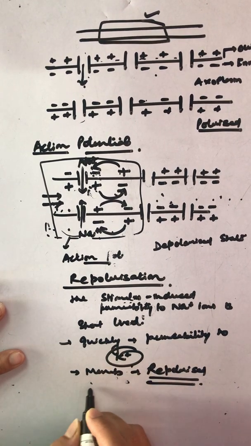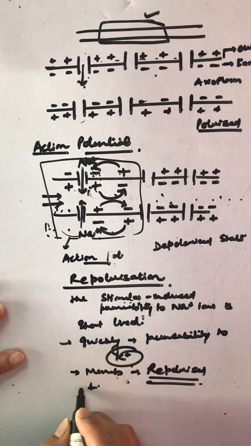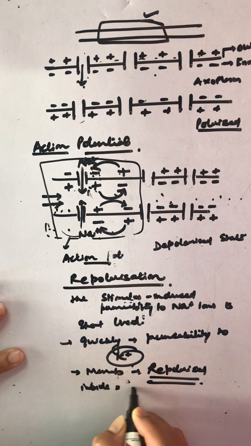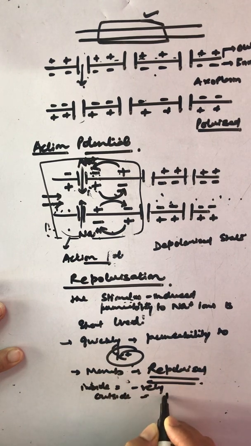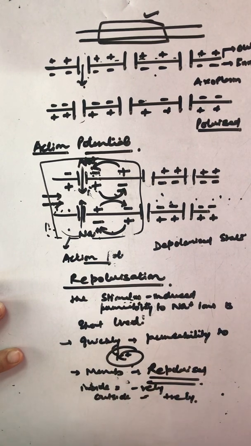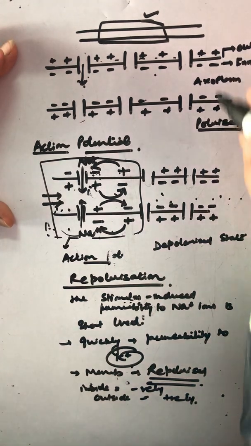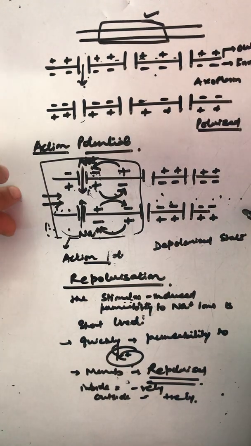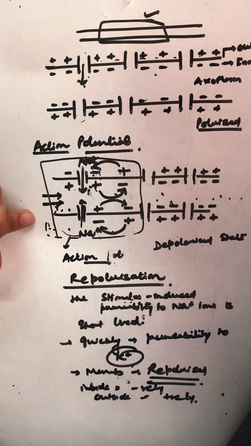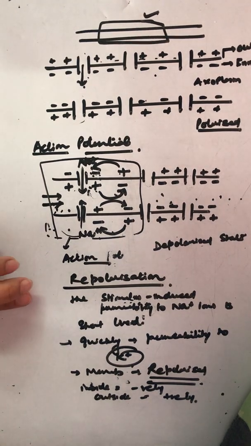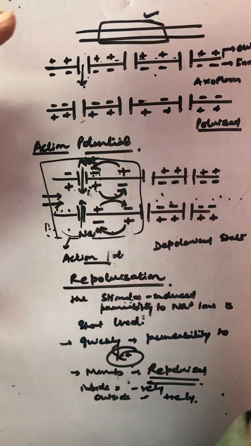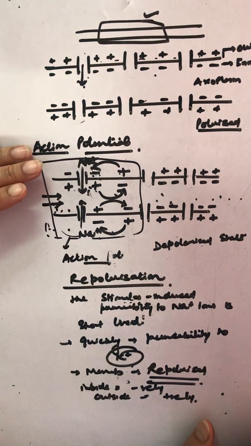That means the inside becomes negatively charged and the outside becomes positively charged once again. So this is how the entire message travels from a polarized to a depolarized state. This is generation and conduction of nerve impulse, taken up together. Clear?